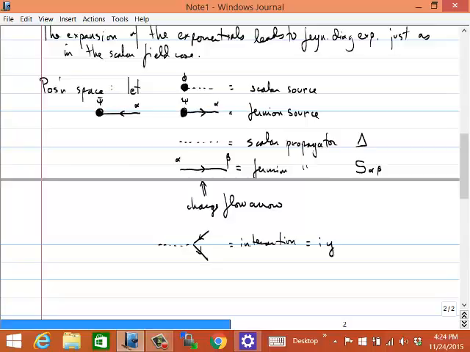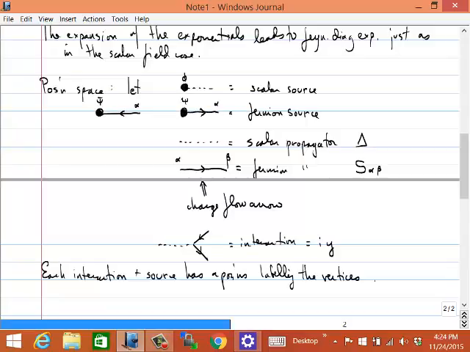And in a position space Feynman diagram, each interaction vertex as well as source has a position labeling the endpoints, or labeling the vertices.